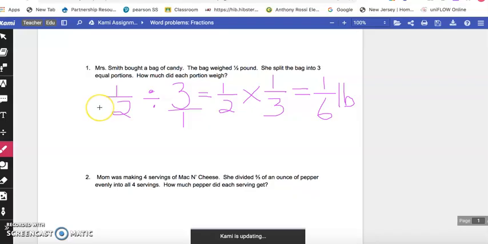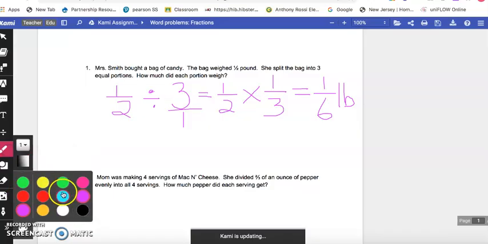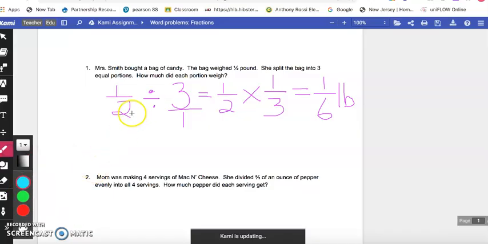Now, a good way to check ourselves is to do the opposite. So here, I'm going to actually change my color. So here, we did 1/2 divided by 3. I'm going to check my answer. I'm going to check myself by doing my answer, 1/6, times 3.